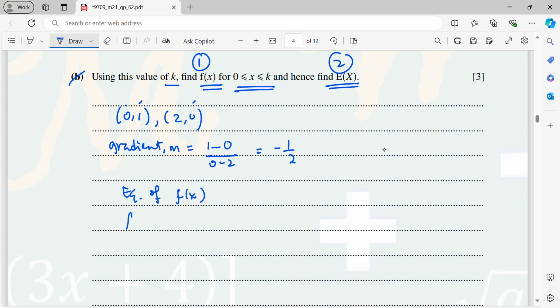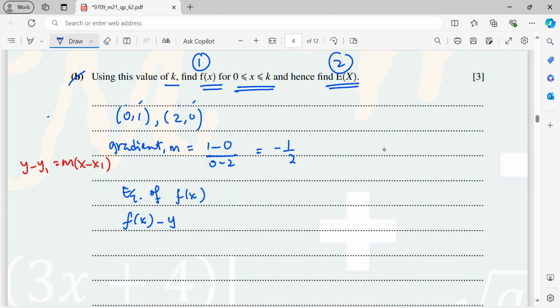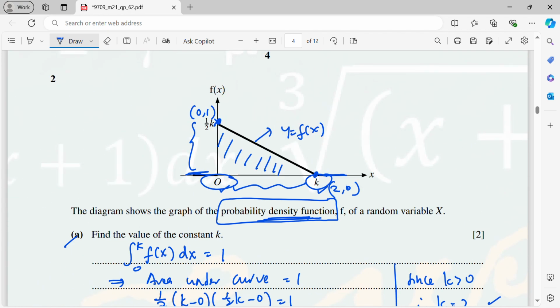Our formula was y minus y1 equals m times (x minus x1). Now my y changes to f(x), because the horizontal axis remains as x. It's just that the vertical axis has been changed to f(x) here.